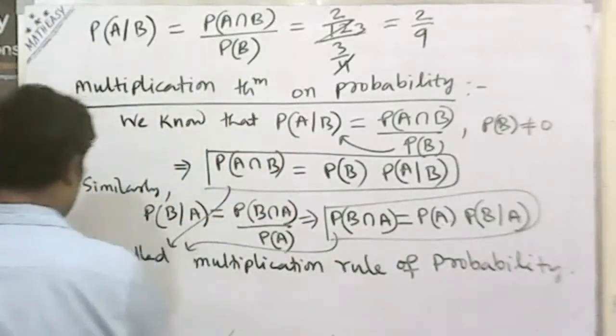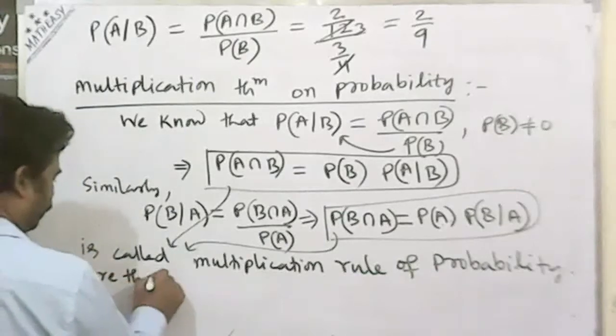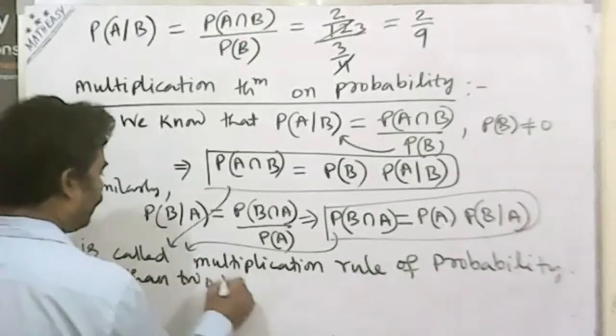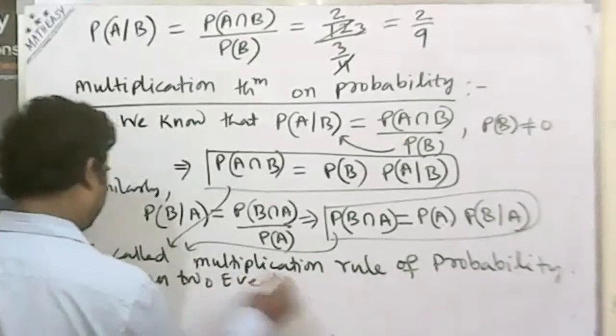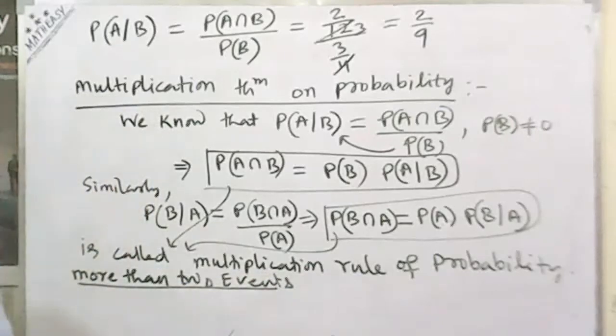Similarly, if more than 2 events are given, then what is the multiplication rule?